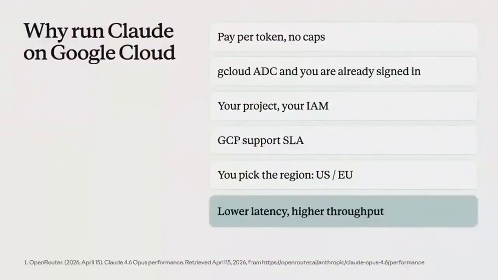There are many reasons why you want to do this. First of all, you pay for what you use. The usage of Claude models on Google Cloud is per token, so you don't receive a message cap. Also, if you're building an enterprise application that needs to go to production, you can always access what is called provisioned throughput, which essentially reserves some throughput for you in order to build this kind of application.